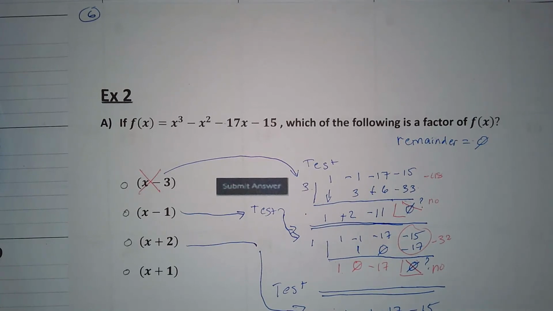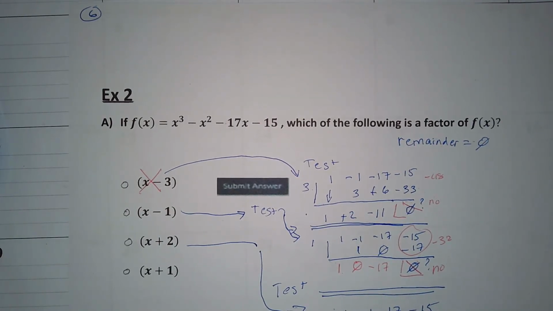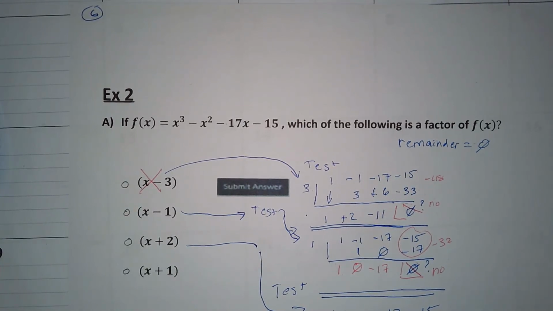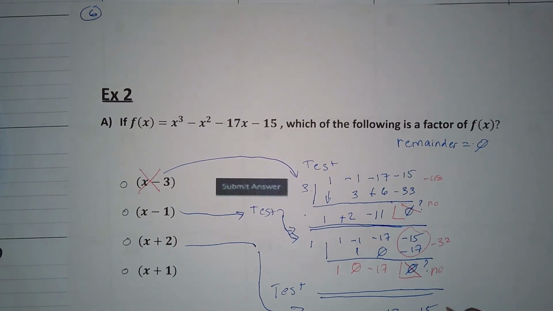Negative 2 times negative 11 is positive 22. And you can see here, again, in this case, 22 and negative 15 is what? Positive 7. So this is not a 0.